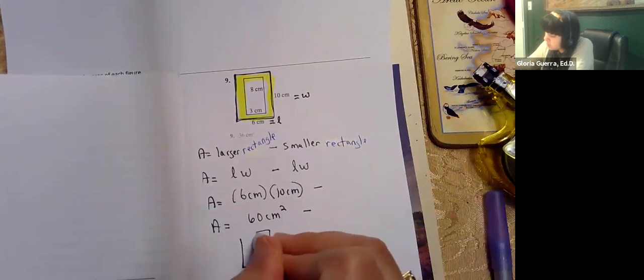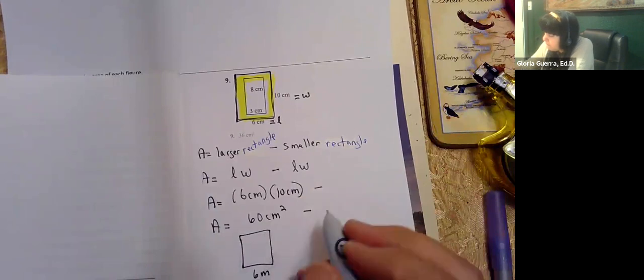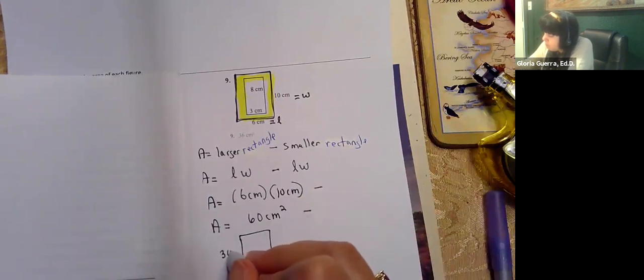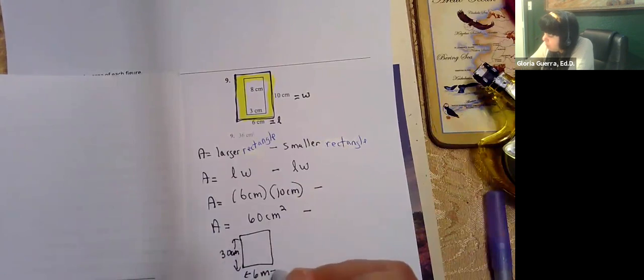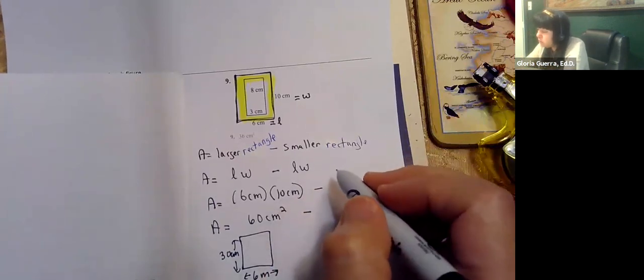So let me draw this silhouette here. Okay, and now you're going to subtract the smaller rectangle. The smaller rectangle is this right here.